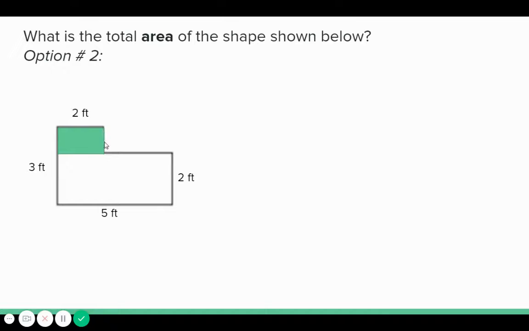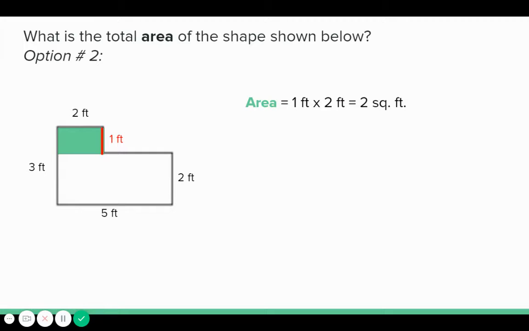As I did with the previous problem, I look at the opposite sides and I see this is a 3 and this is a 2. So the 2 is missing how much? The length of this side over here is 1 foot. So how do I find the area of this green rectangle? Well, you know it. 1 foot times 2 feet equals 2 square feet.